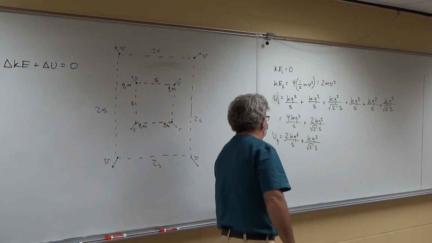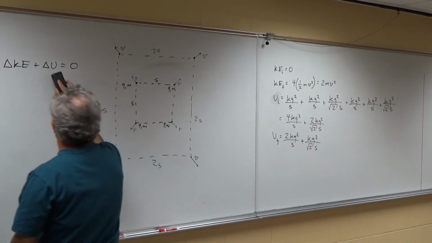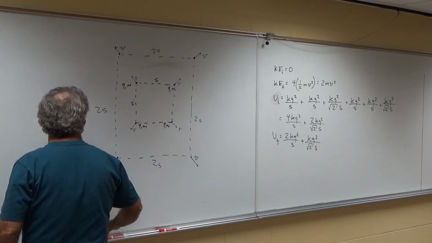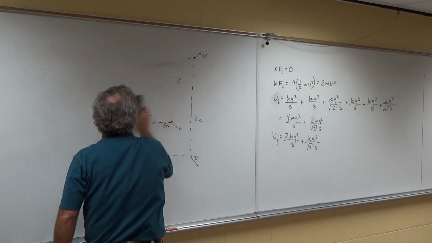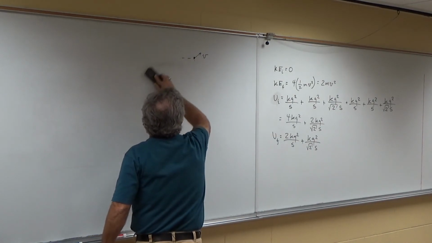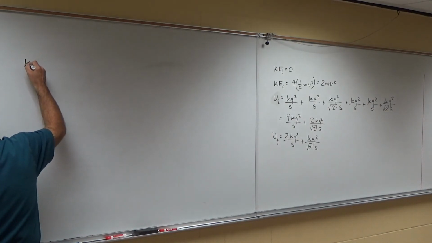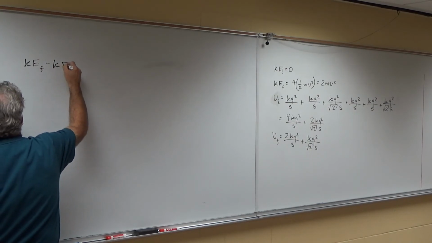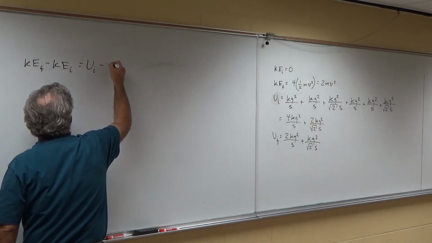Now, I'm ready to do the calculation based on this. I know that KE final minus KE initial is equal to U initial minus U final.